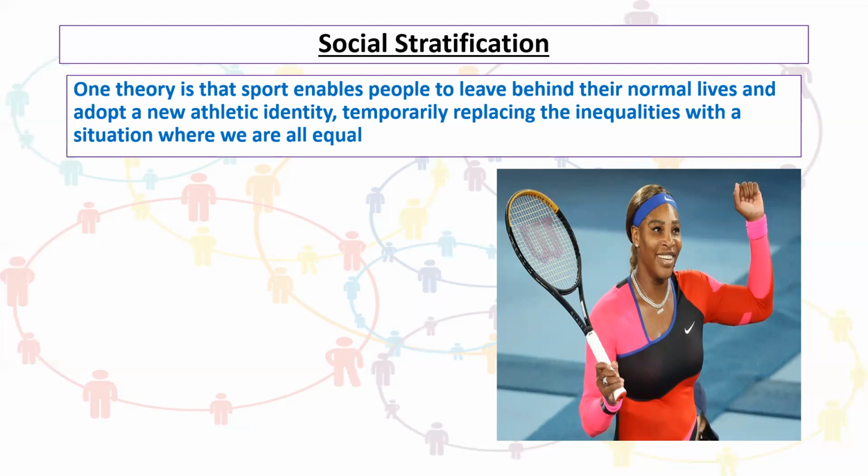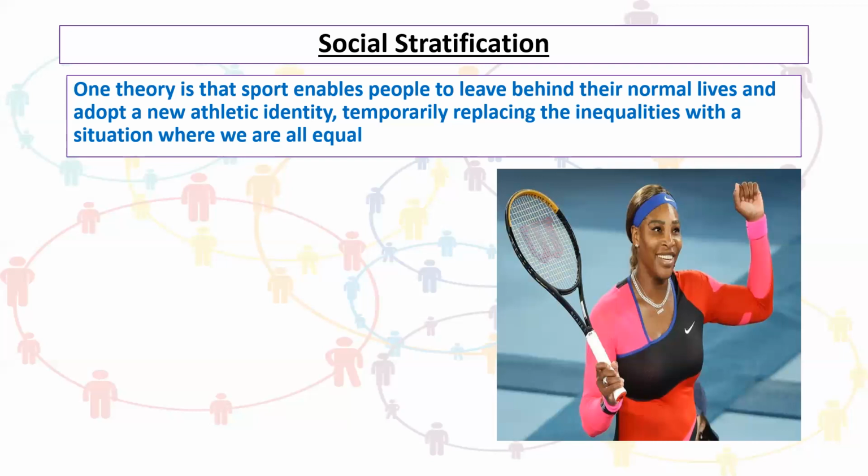Certainly at the start of it, there's an equality within sport. In theory, it doesn't matter what your social status is when you step on that football pitch or a tennis court or a basketball court, whatever it might be, you're just another player in the game. And it might be that you're actually very good and you take on quite a prominent role there. It's not that you're the lower class and the person that's looked down upon, that struggles with life. You're actually an important person within that.